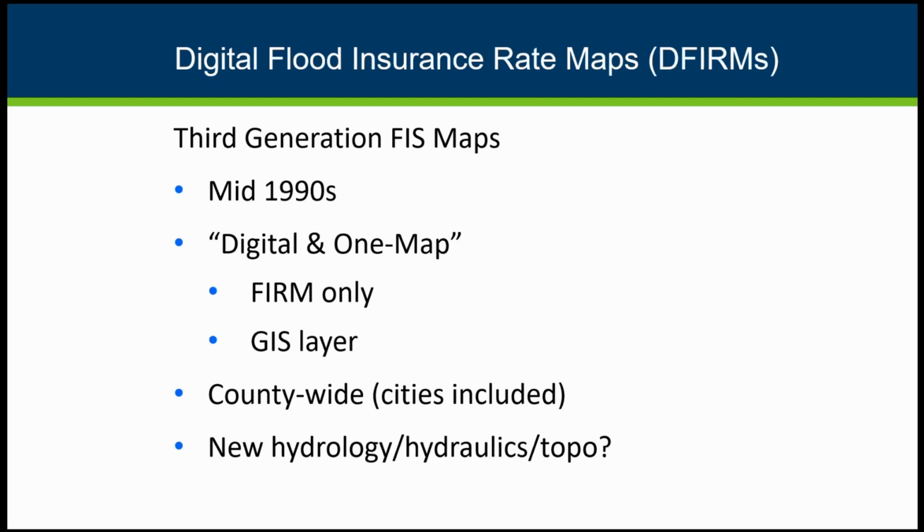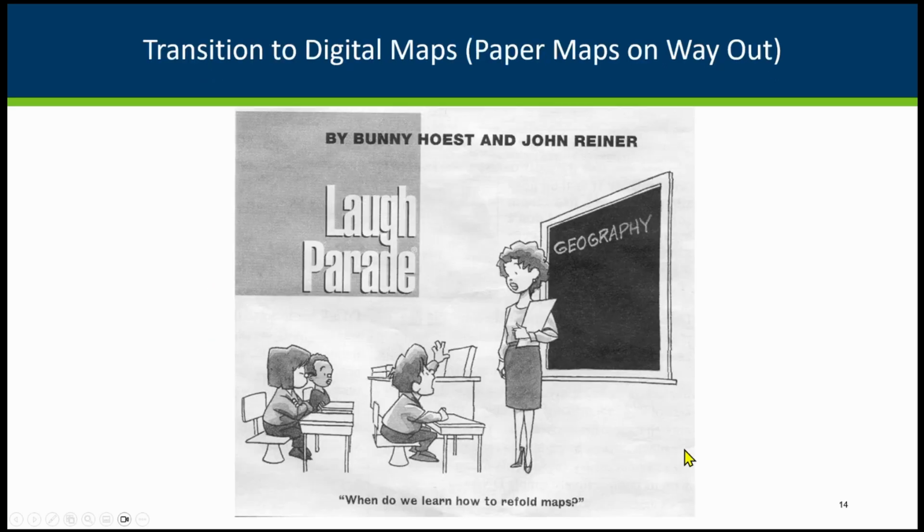So they realized, gee, we should really have this all in one countywide map. And it depended on the situation. In some cases, they did have new hydrology, hydraulics, better topo information, so they could do better boundaries. But in some cases, they were not such great improvements.